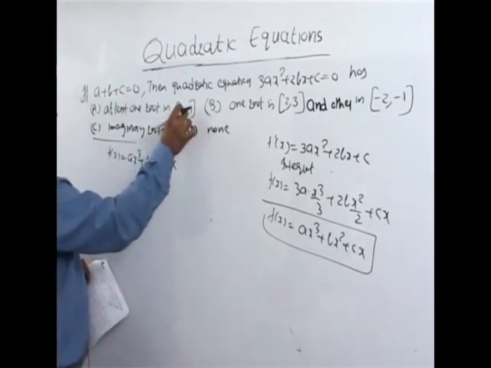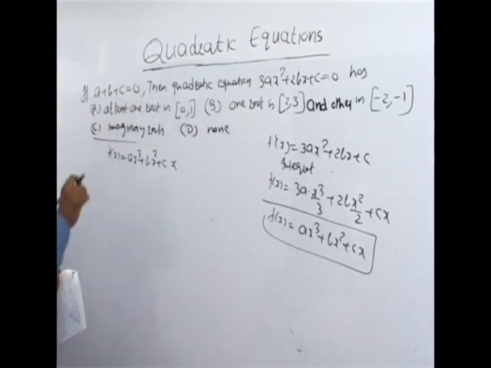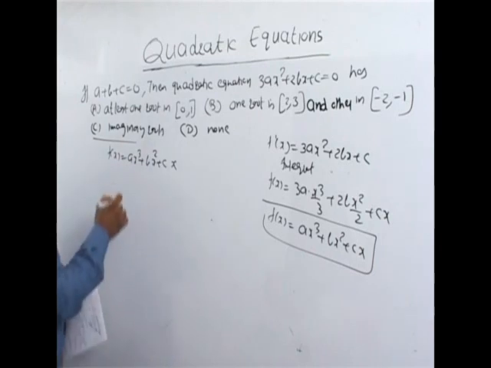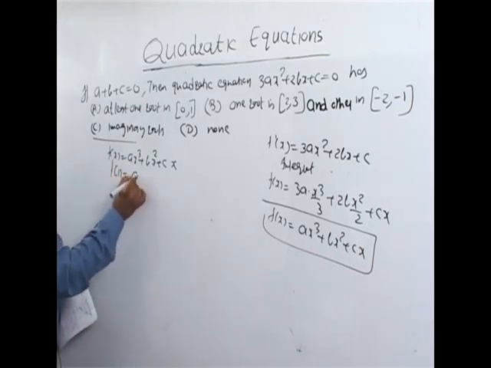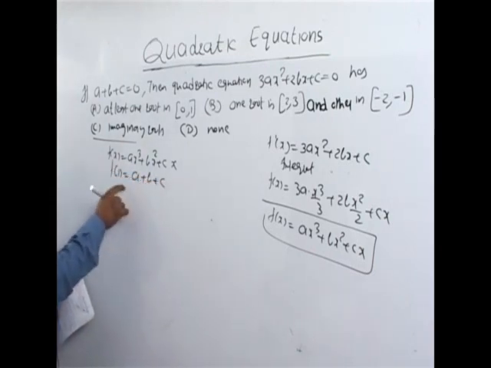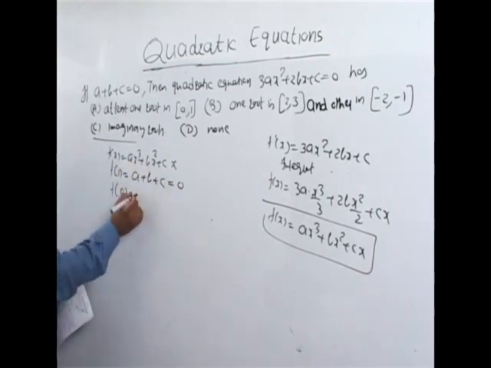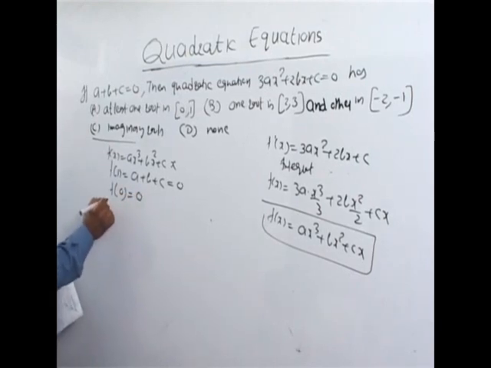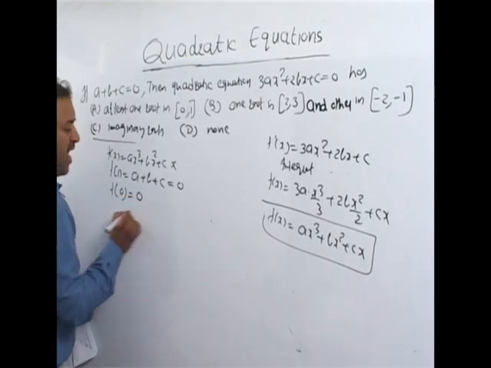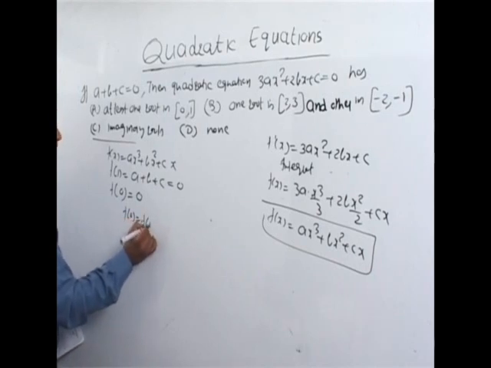We have been given a + b + c = 0, which means f(1) = a + b + c, and it has been given as 0. We find what f(0) is. Substituting, we get 0. So we can say f(0) is equal to f(1).